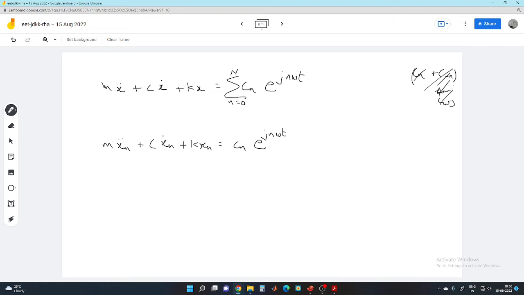Now we can find capital Xn as cn e raised to power j n omega t upon k minus m n omega square plus j c n omega.